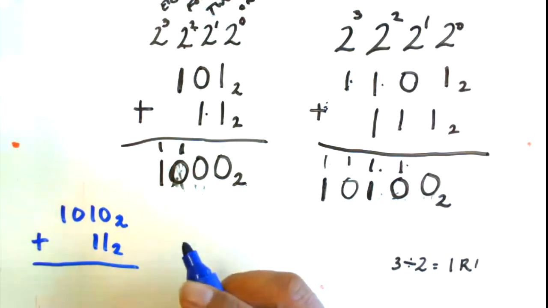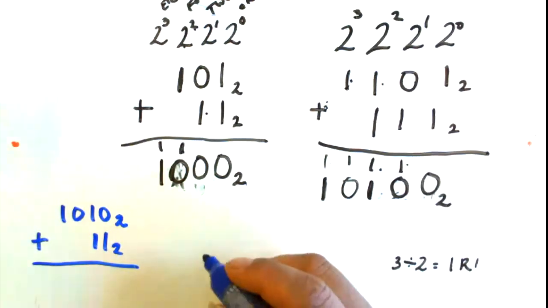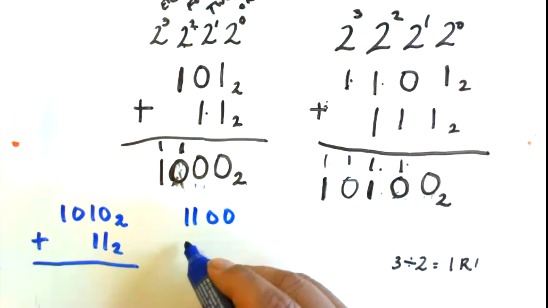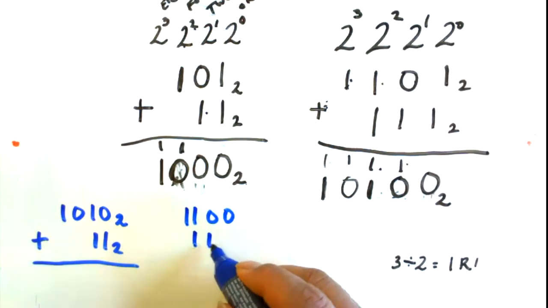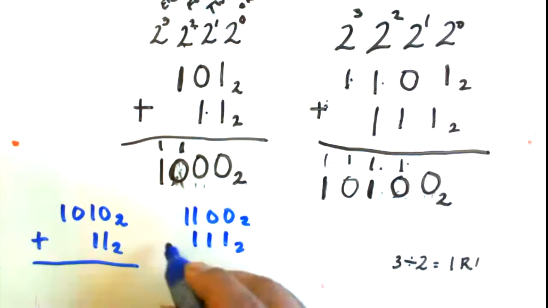The other question would be, what is 1, 1, 0, 0 plus 1, 1, 1, all in base 2?